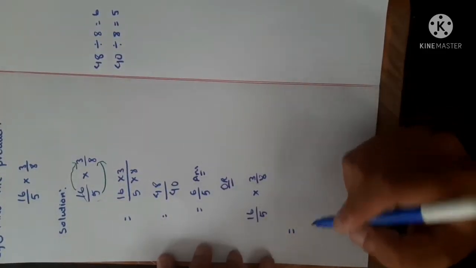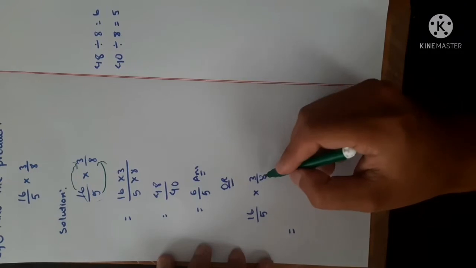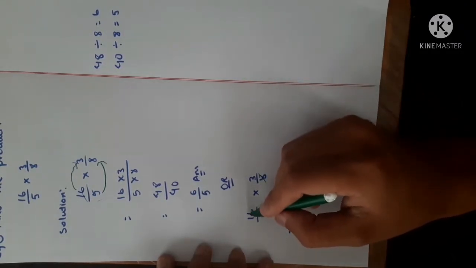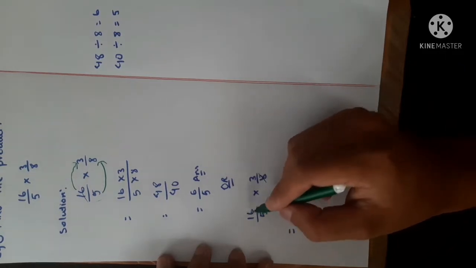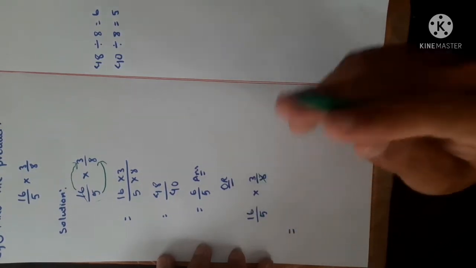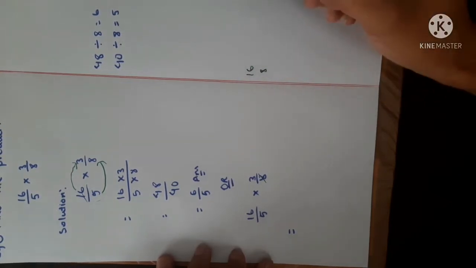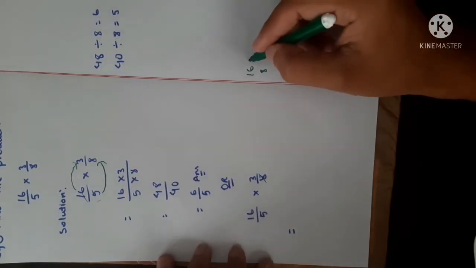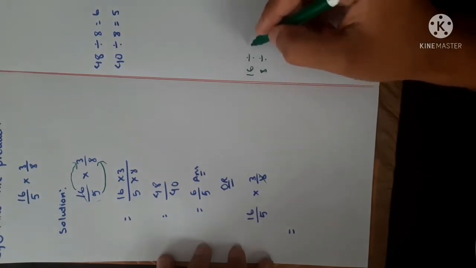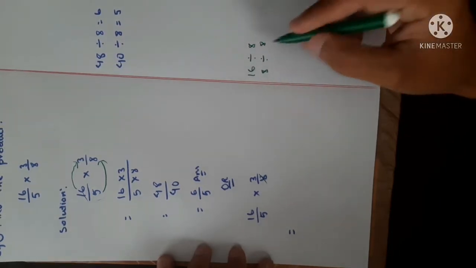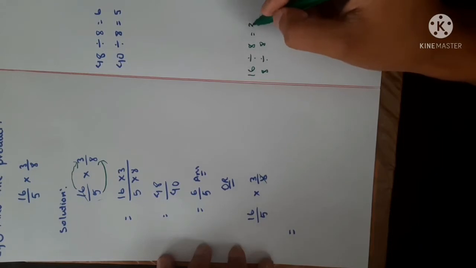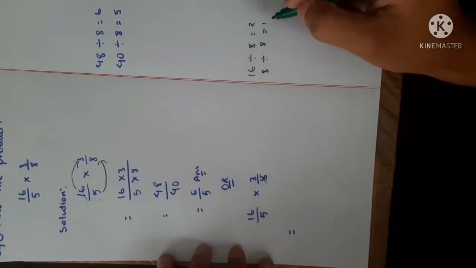So we see here that in the denominator of the second fraction it is 8, and in the numerator of the first fraction it is 16. So in between 16 and 8 there is a common divisor, isn't it? That number is 8. 16 divide 8, you will get 2, and 8 divide 8, you will get 1.